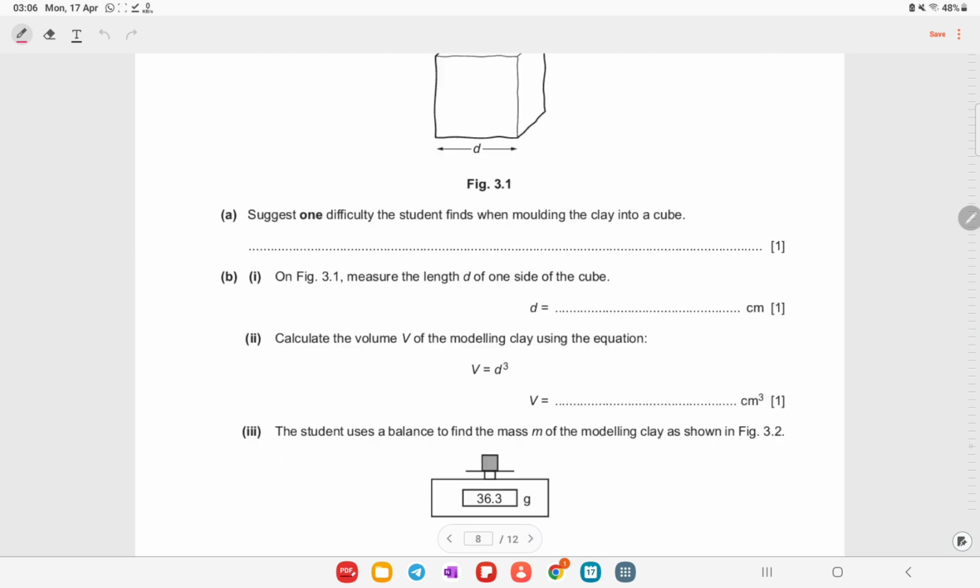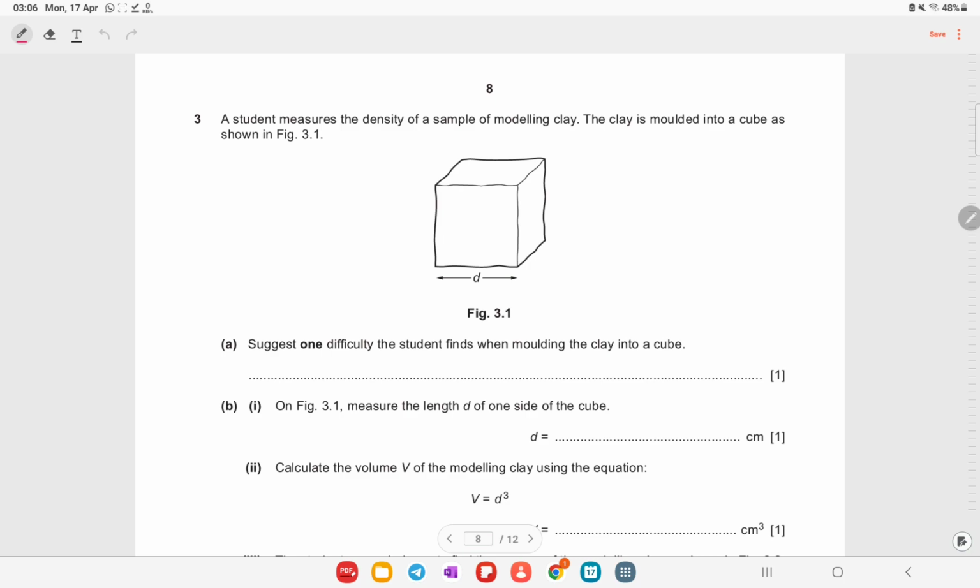Now a student measures the density of a sample of modeling clay. This clay is molded into a cube as shown in figure 3.1. Suggest one difficulty the student finds when molding the clay into the cube. So now you see this is not a proper cube. These sides are irregular in shape.